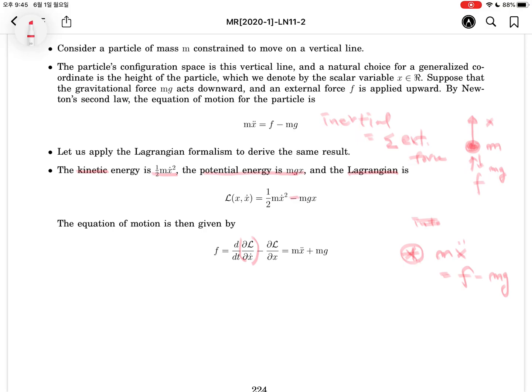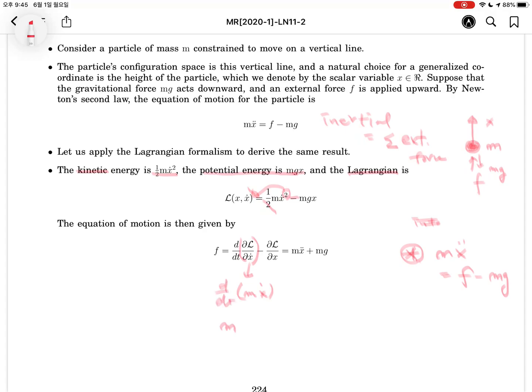Okay, let's apply it. ∂L/∂x dot, maybe this term will be m x dot. Is it right? Because the potential term does not depend on velocity. Then we take the time derivative.